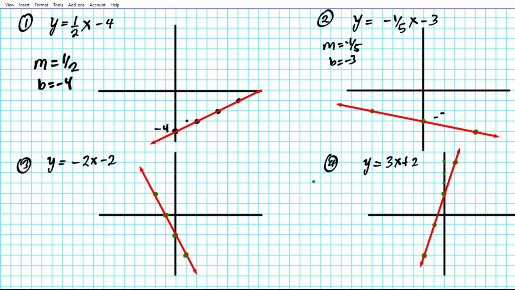This is negative 3 right here. For number 3, the slope is negative 2/1 and b is negative 2. You can see negative 2 right here. And then for number 4, m is 3/1 and b is 2, and that's 2 right there. Okay? So this is how you graph linear functions presented in slope-intercept form.